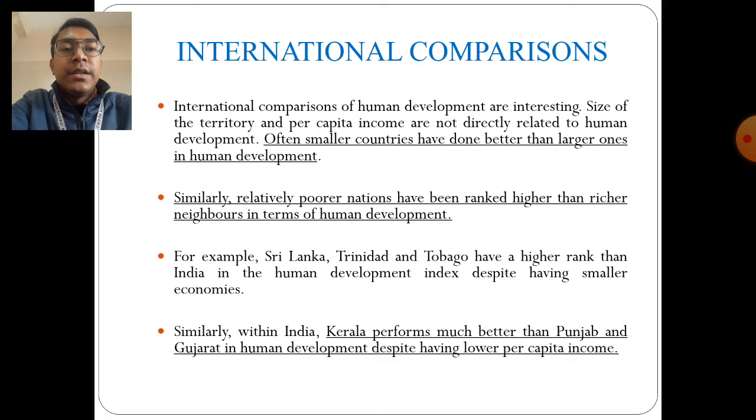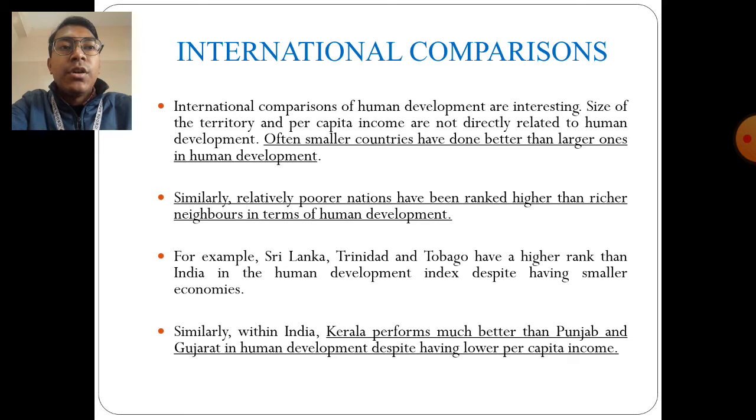Within India, Kerala performs much better than Punjab and Gujarat in human development despite having a low per capita income. Though Kerala has a lower per capita income than Punjab and Gujarat, Kerala ranks highest in terms of human development within our country.